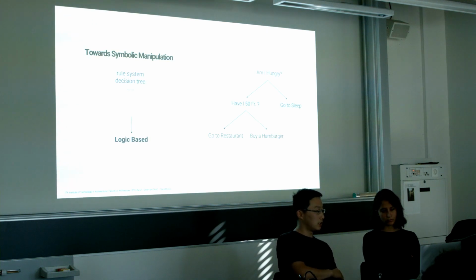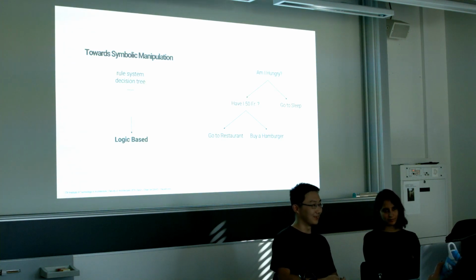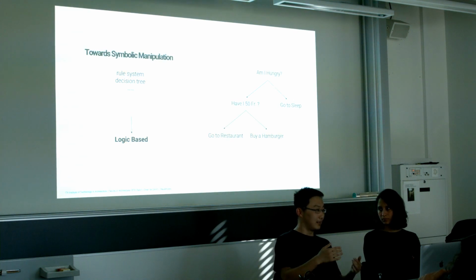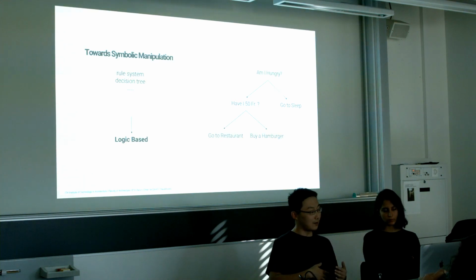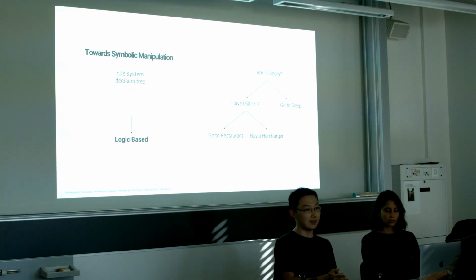So it's the logic-based system. Here is a very simple case of imitating how humans behave. For example, I can first ask, am I hungry or not? If I'm not hungry, maybe I should go to sleep. If I'm hungry, then I will probably find some food, and what kind of food I have maybe depends on how much money I have, and so on.